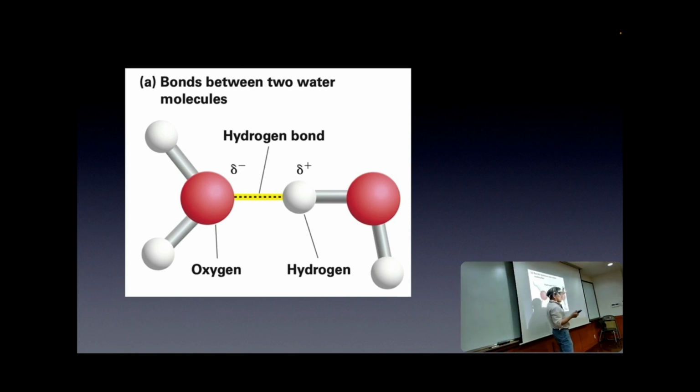But anyway, this delta plus means partial charge. Delta plus is positively charged, but it is not apparently charged just like an ion, but a very subtle charge. We call that a partial charge, because they are not ions whatsoever, but still they have a little bit of a subtle electric charge.